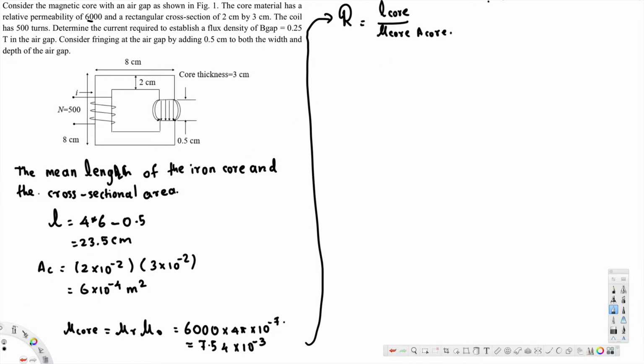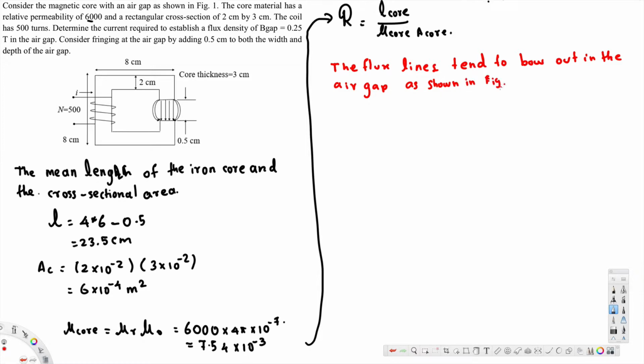Now here I'm going to add some notes. The flux lines tend to bow out in the air gap as shown in figure. This is called fringing.